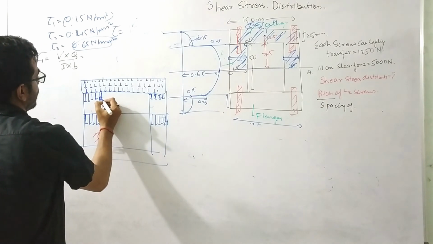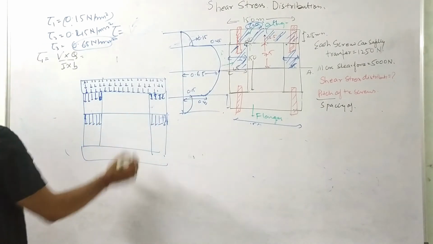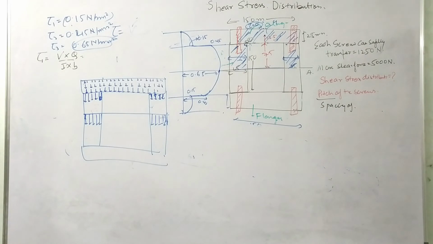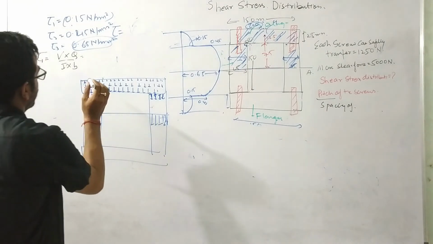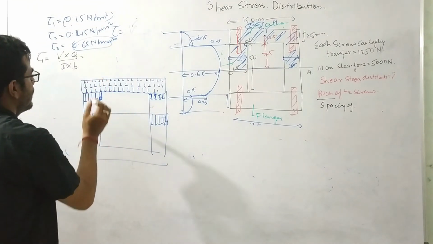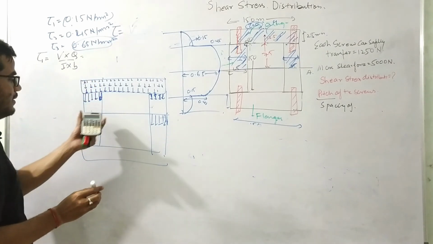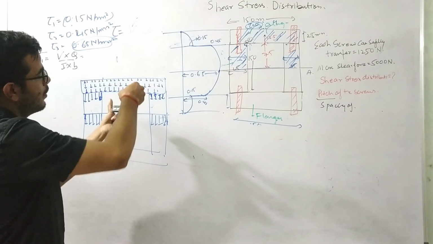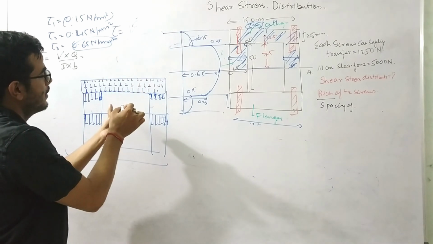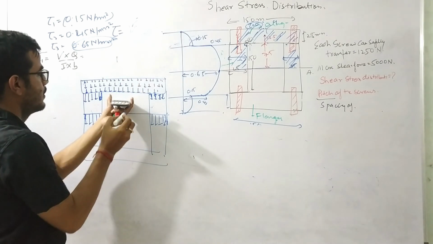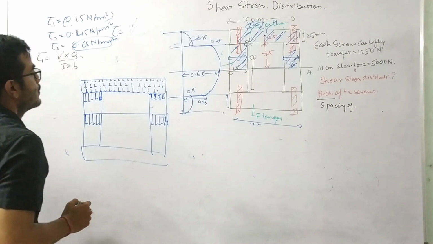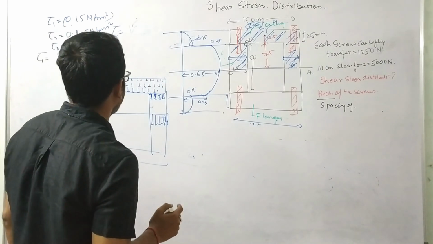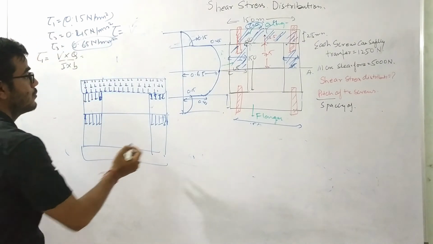This value will be more in this portion. And the complementary horizontal shear stress will also be acting like this. This is the vertical shear I'm talking about, then the horizontal shear will also be acting on this plane. So now this part is over.